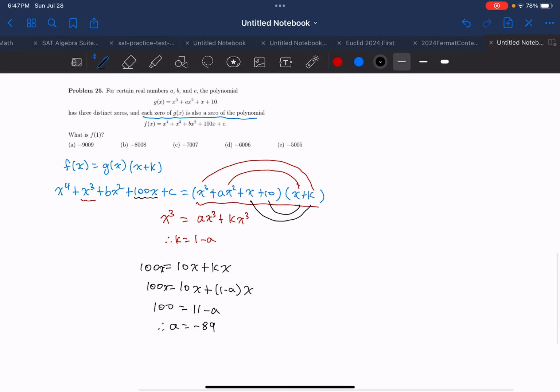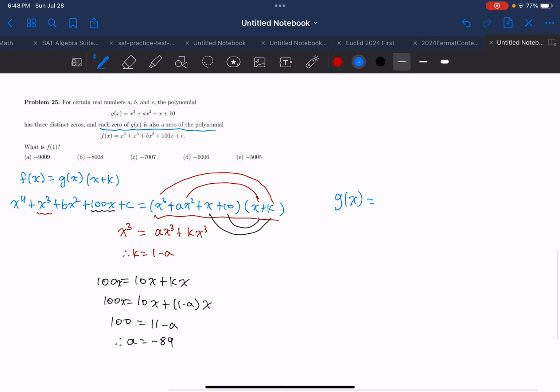Since we already found the value of a, we found what the function g(x) is. It is x cubed minus 89x squared plus x plus 10.